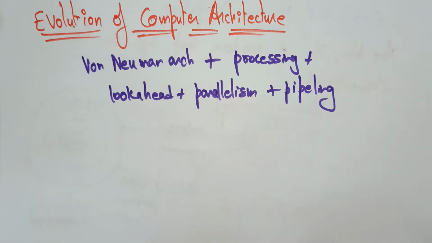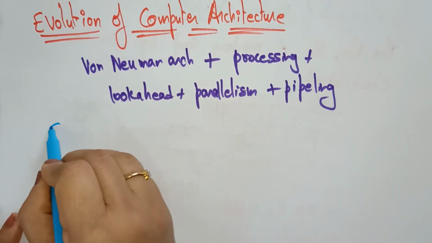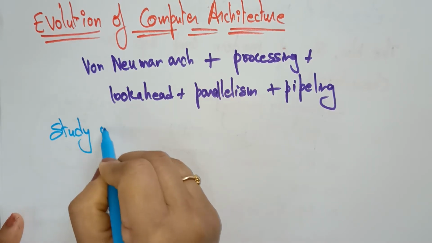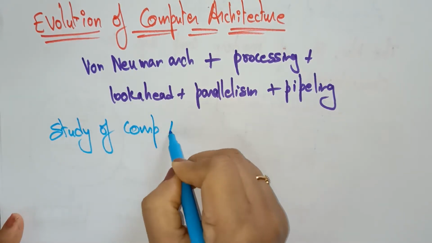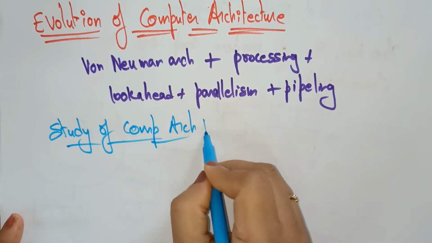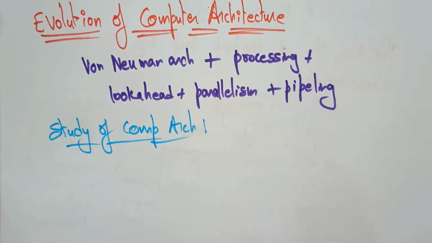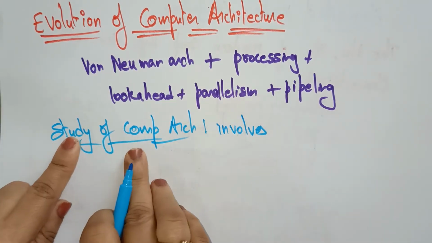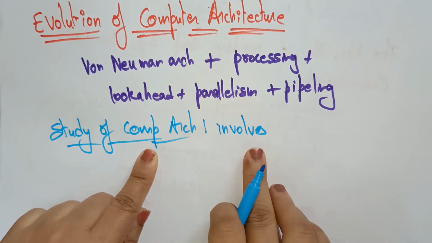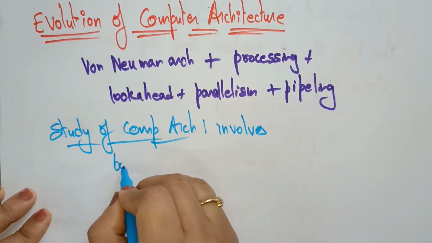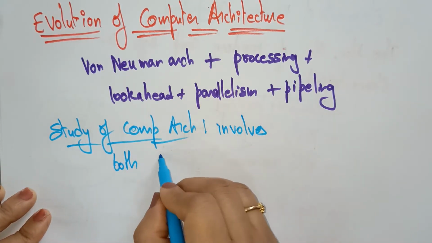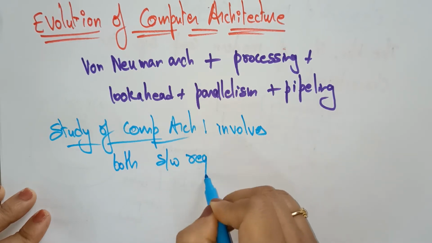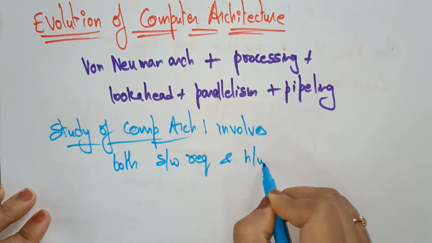First of all, let me tell you about the study of computer architecture. Everyone may have a doubt: what are we studying in computer architecture? Let me tell you, the study of computer architecture involves both programming or software requirements and hardware organization.